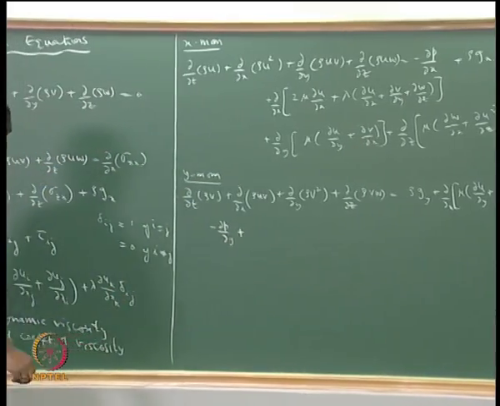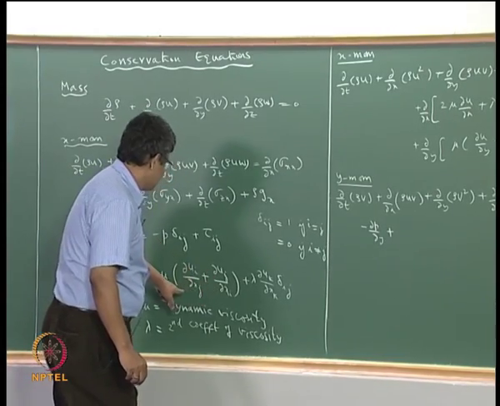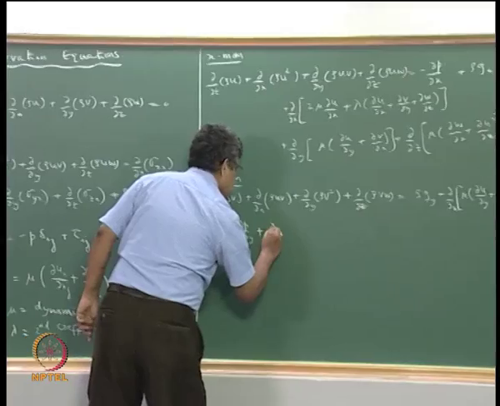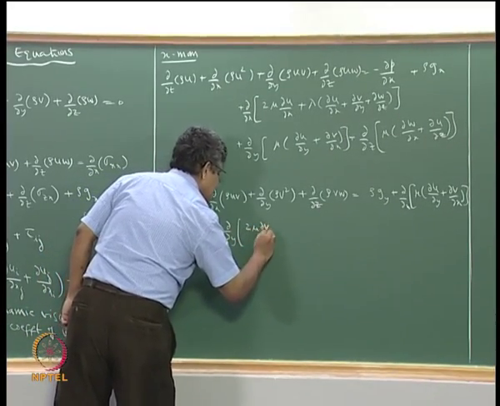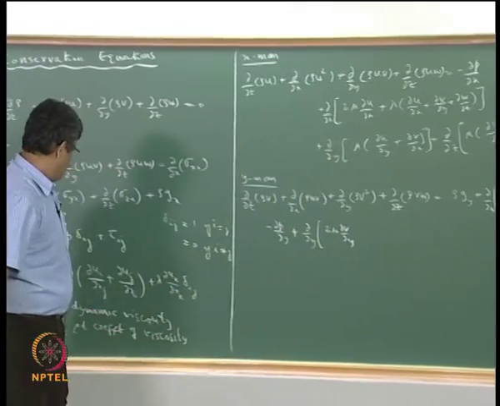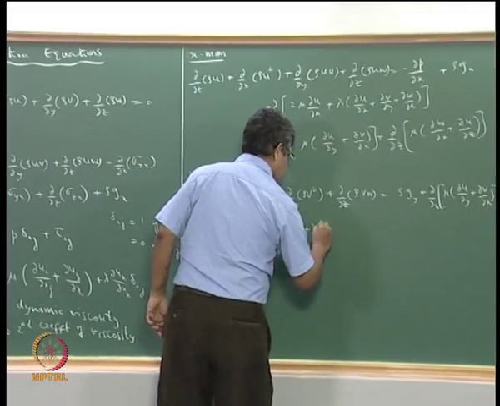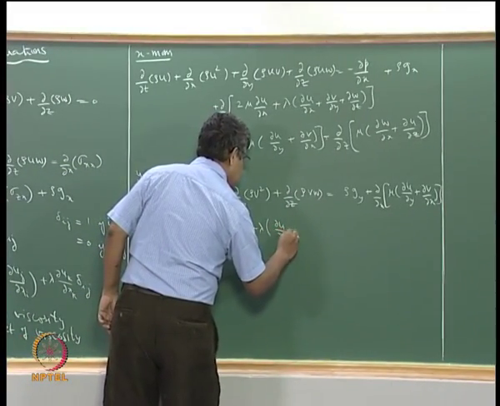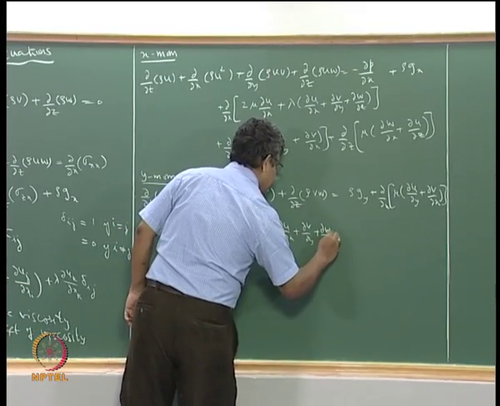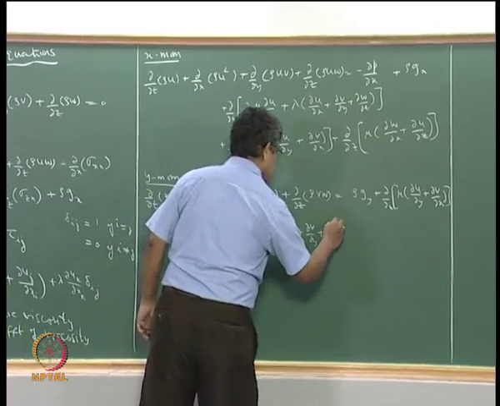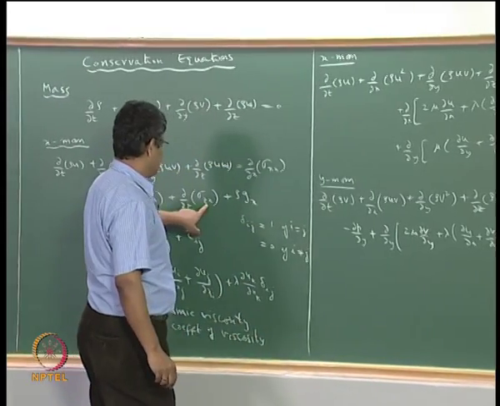plus tau yy is given by mu times dv by dy plus dv by dy, so that is 2 mu dv by dy plus lambda times dou u by dou x plus dou v by dou y plus dou w by dou z, and then we will finally have sigma zy.